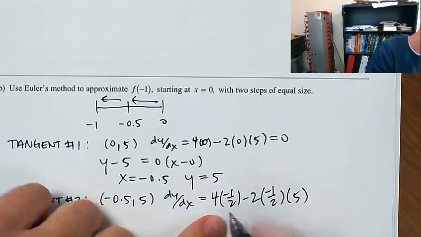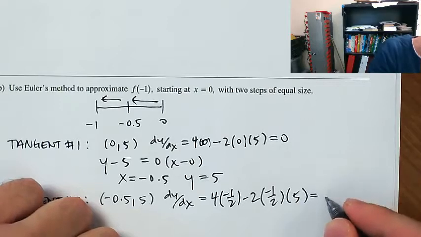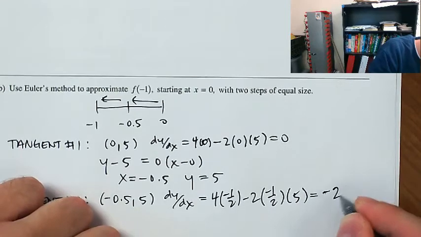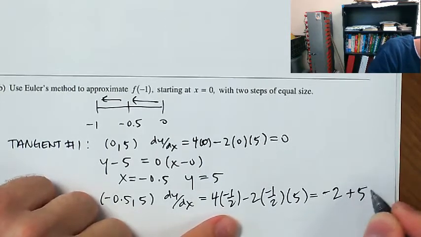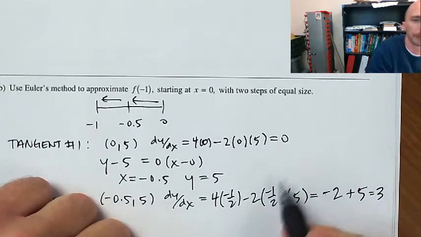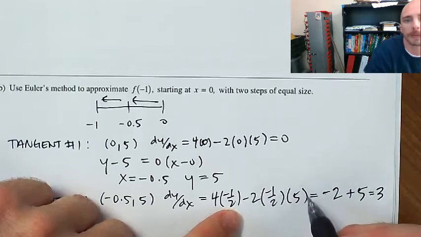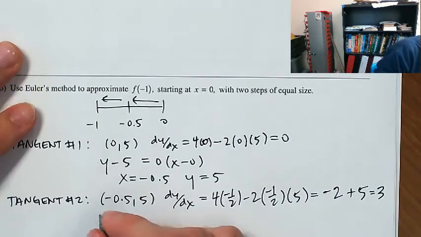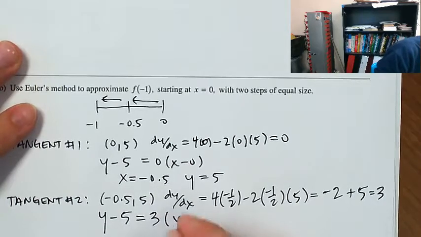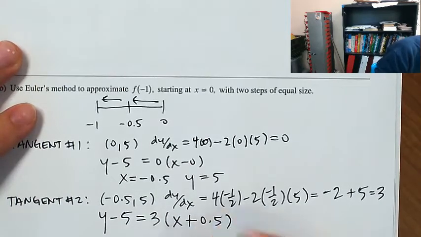I need to simplify this. Negative 2 plus 5 is going to be 3. Now my equation is y minus 5 is equal to the slope times x minus negative half.